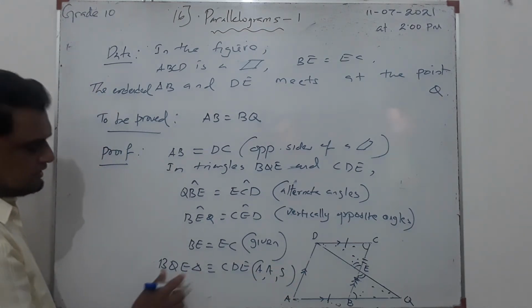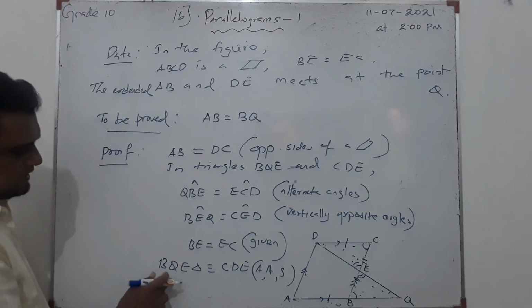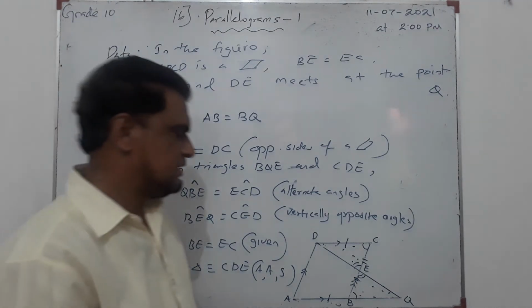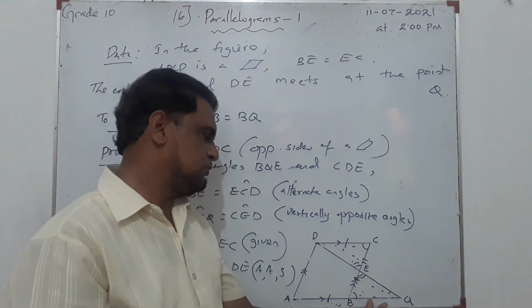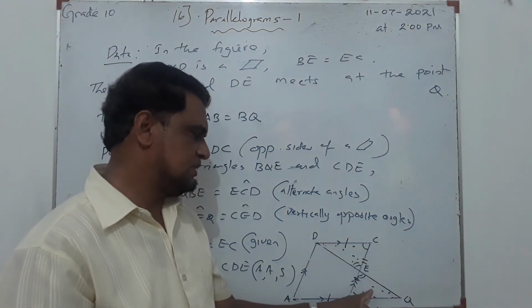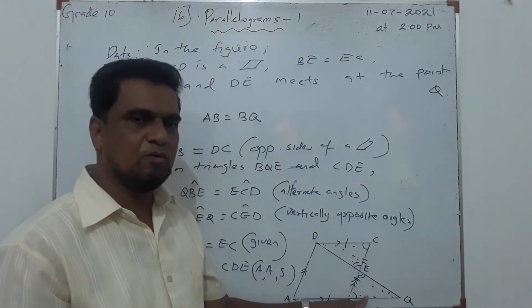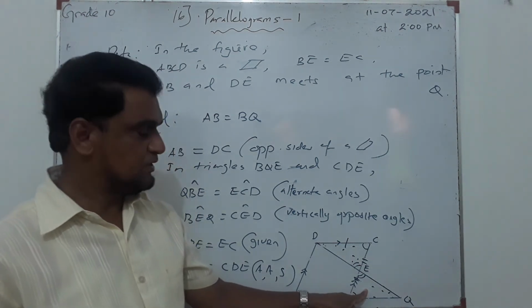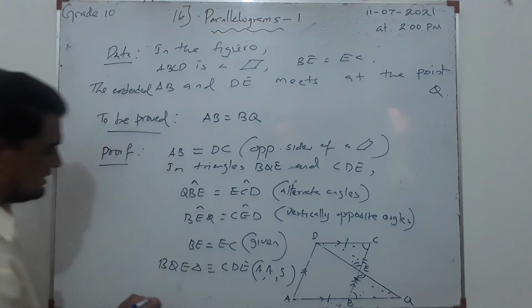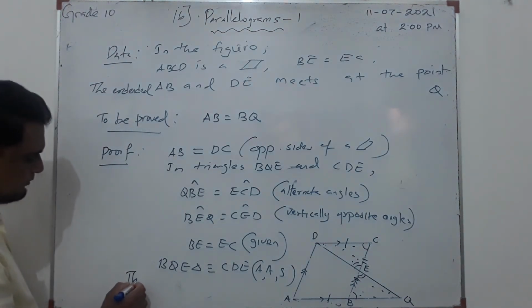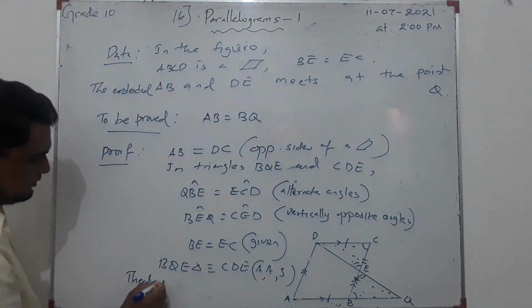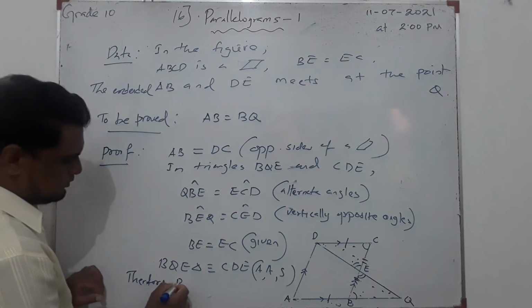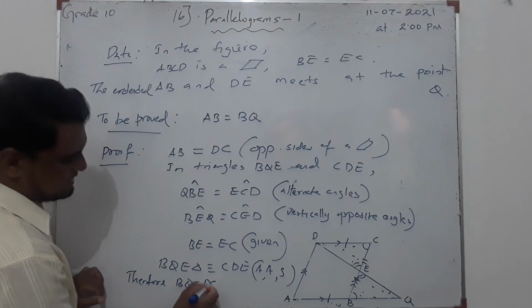Therefore you can write here corresponding. Now we need BQ is equal to DC, because these two triangles are now congruent to each other. Now we have proven. So using these things, you can write here, therefore BQ is equal to DC.